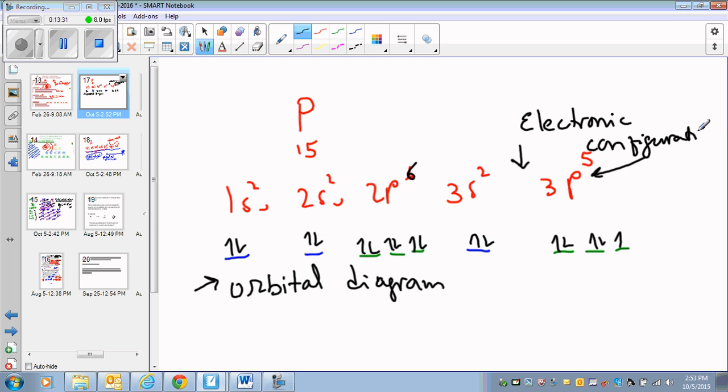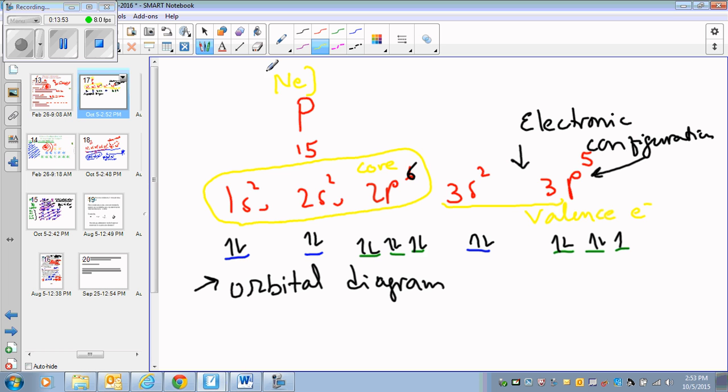And if I want to do the noble gas configuration for phosphorus, what would that be? For the noble gas configuration, I will replace the core electrons. These are my valence electrons, right? So I will replace my core electrons with the noble gas. If I look above phosphorus, I will see neon.